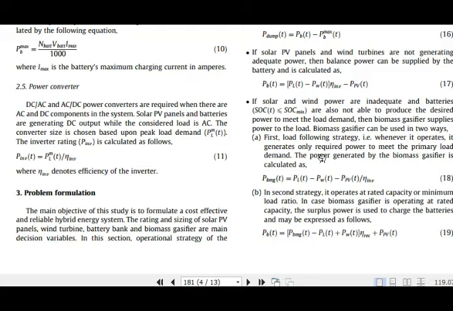If the battery has sufficient capacity to meet the load demand, then the power will be provided by these equations: load minus wind after passing through the inverter efficiency factor, and subtracting the PV. That amount will be provided by the battery if it has a sufficient amount of power.